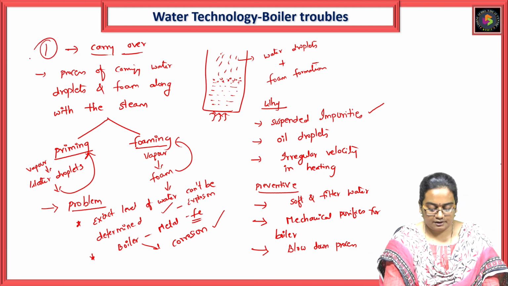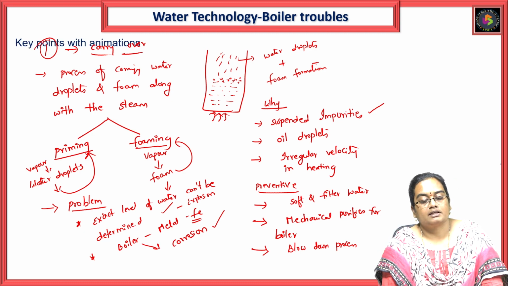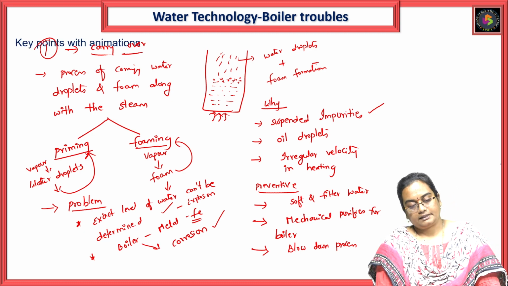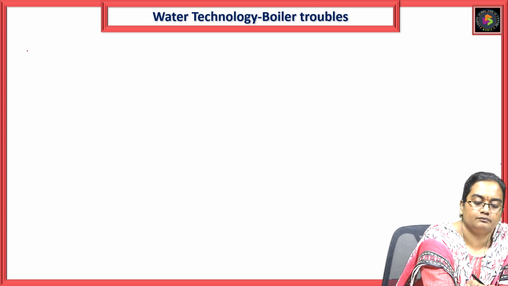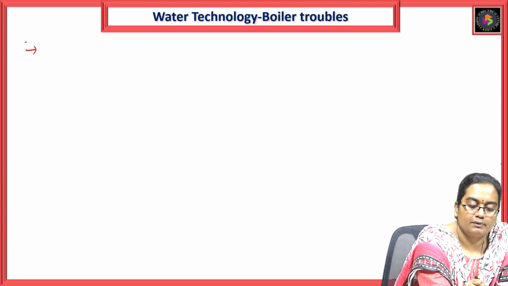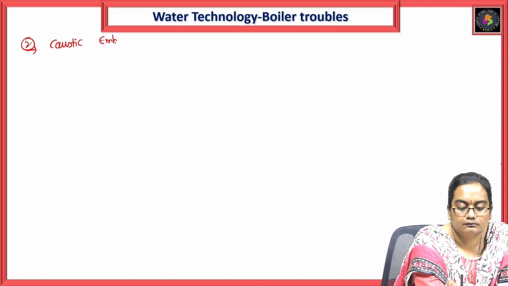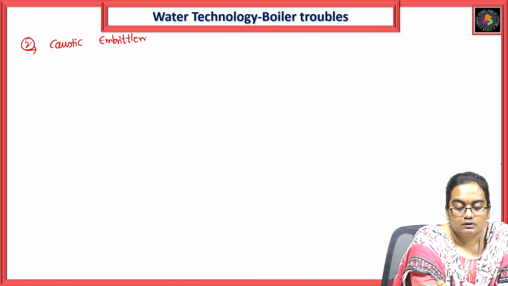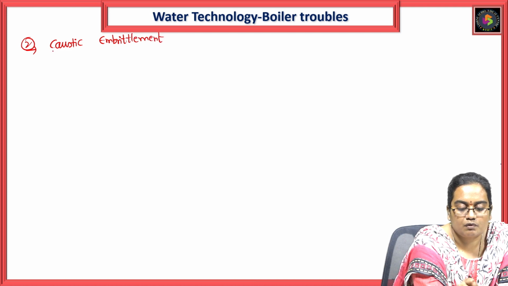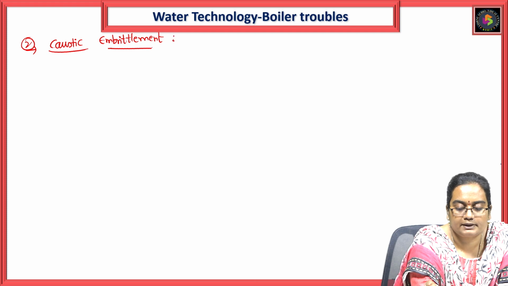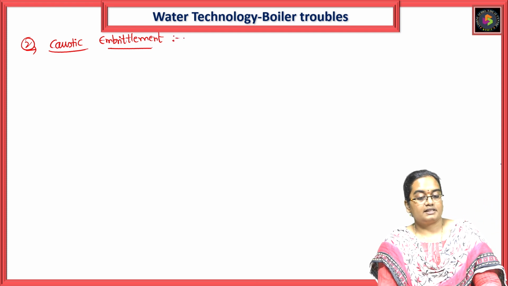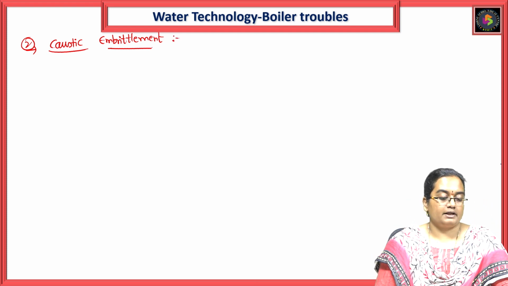Next, move on to the second one. Next one, caustic embrittlement. Second problem, caustic embrittlement. What do you mean by this caustic embrittlement? The name itself is indicating what is the problem faced here.